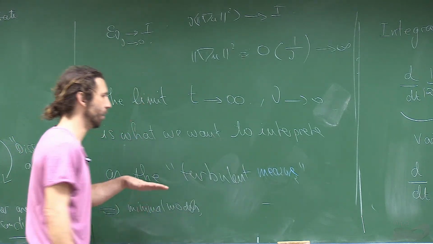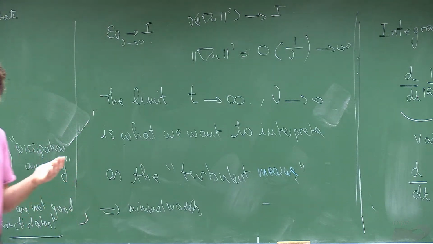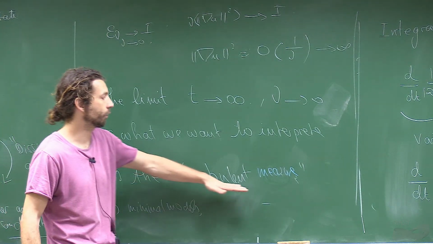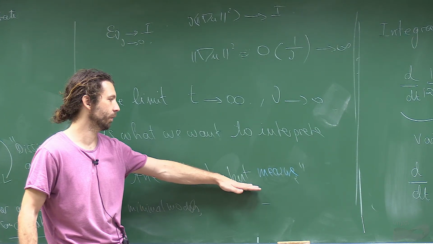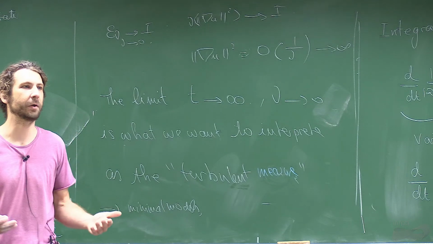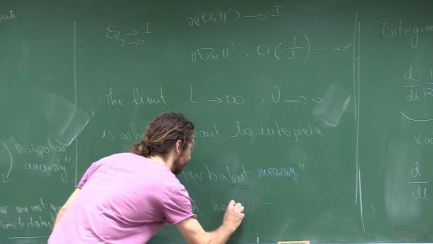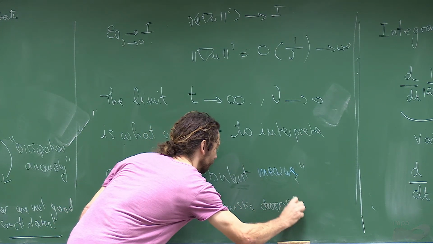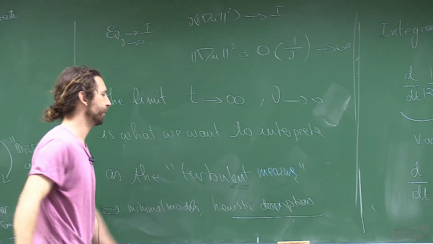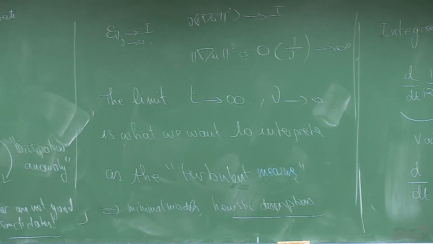For the classical theory of turbulence, we are going to construct this measure in a very heuristic way. This heuristic description is basically the framework of Kolmogorov 41 and Kolmogorov 62 theory, and that's the topic of the next course.